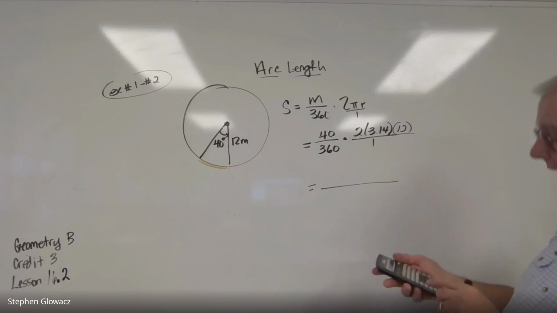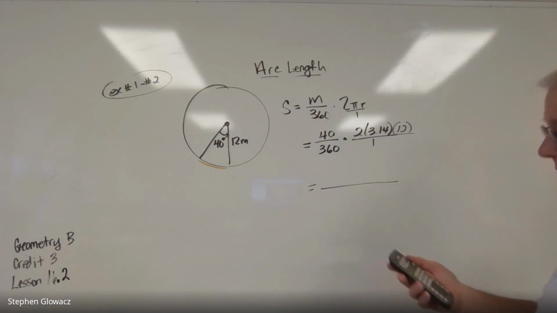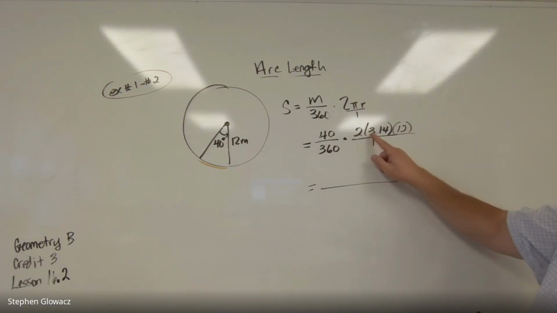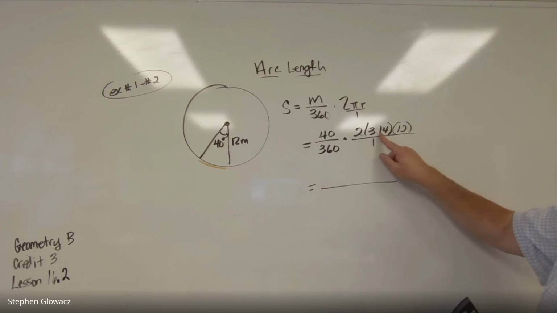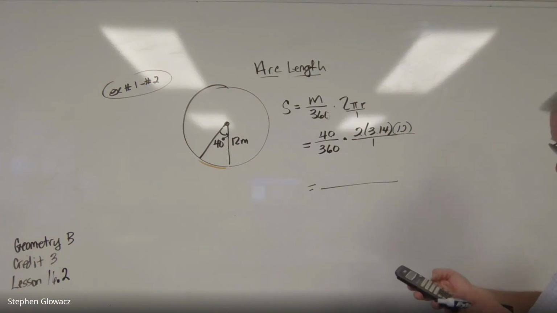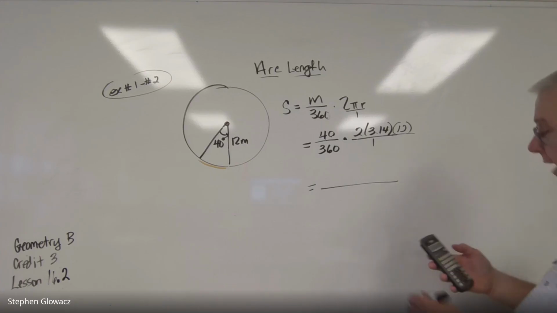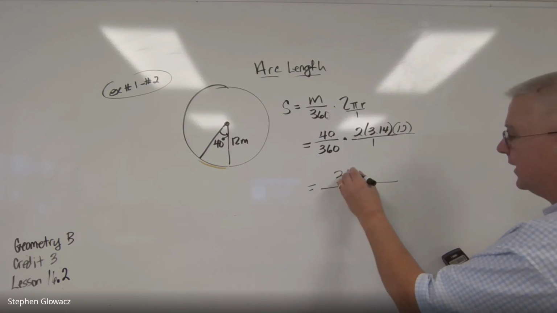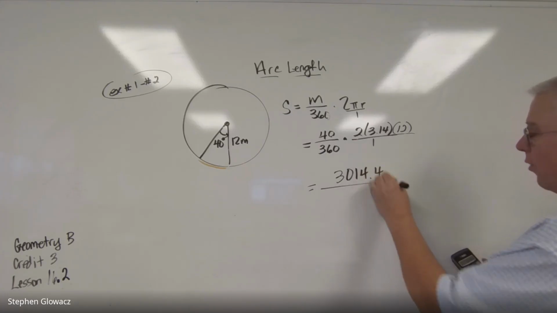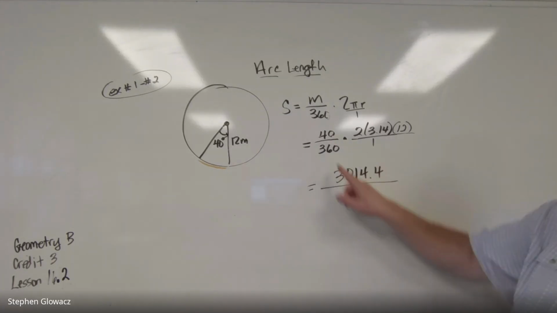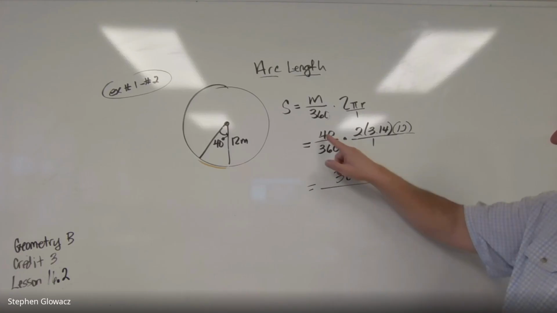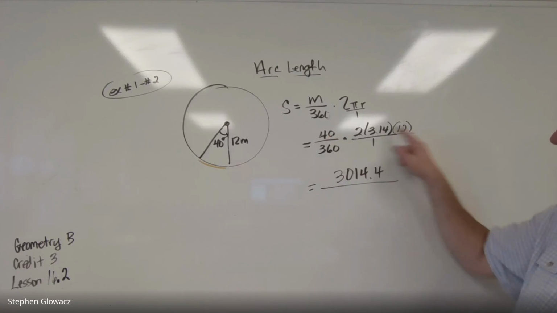And then 80 times 3.14 gives us 251.2. And then times 12, and we get 3014.4.